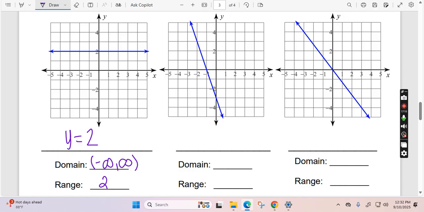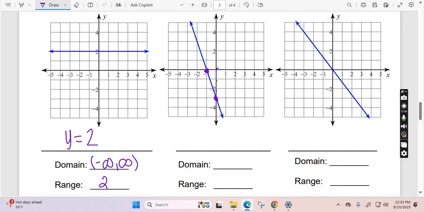Okay, so let's look at the second one. What would my equation be? Well, let's try to find our slope. We need to find 2 perfect points. I found one here, and I found one here. I'm going to go up 3, 1, 2, 3, and I'm going to go over to the left 1.